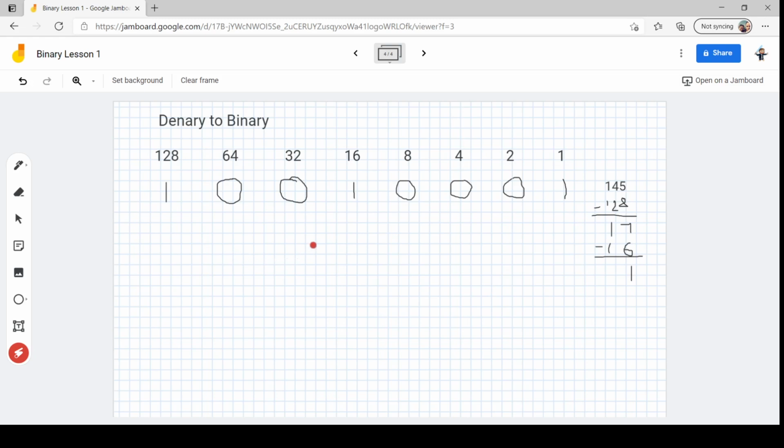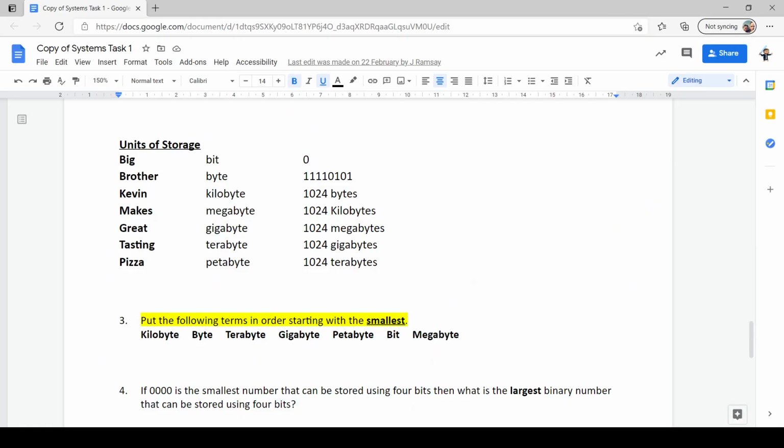Now, the last thing we're going to look at is the units of storage. If you look at the units of storage, they are in order from the smallest to the largest. The smallest unit of storage is a bit. A bit is an individual 1 or 0 in binary.